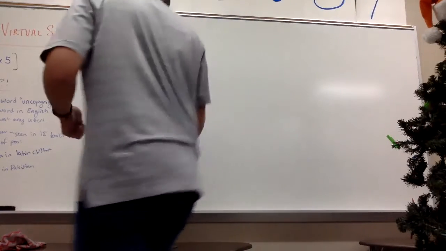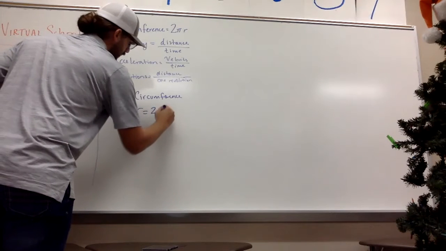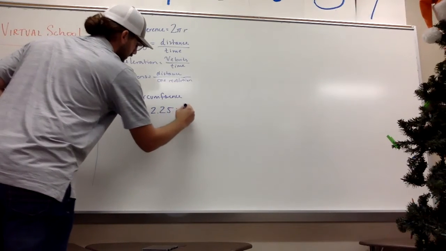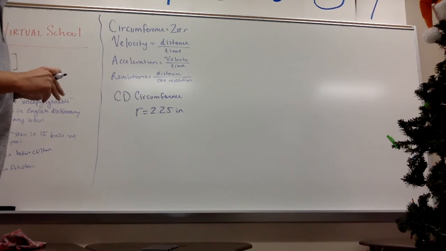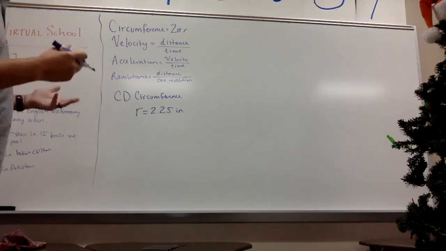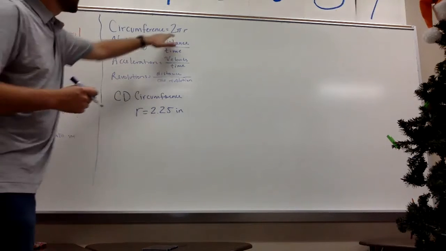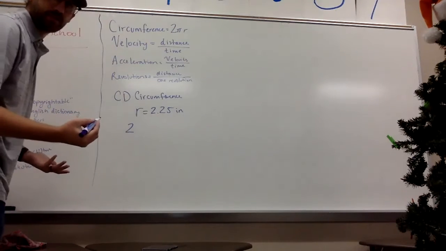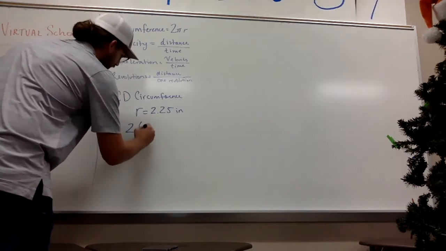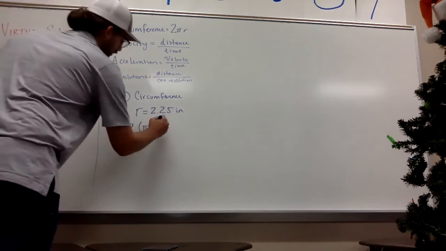For the CD circumference, I see that my r is 2.25 inches. I'm going to plug this into my big equation up here. I've got 2, which is just a constant. It's going to be the same every time. Pi, which I'll show you on the calculator in a second, times 2.25.